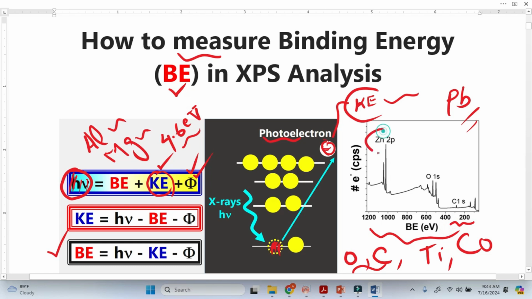But for the bigger atoms, like zinc, lead, etc., the peaks will appear at higher binding energy, because I know from the electronic configuration of the elements that bigger atoms have a higher binding energy, while smaller atoms have smaller binding energy.